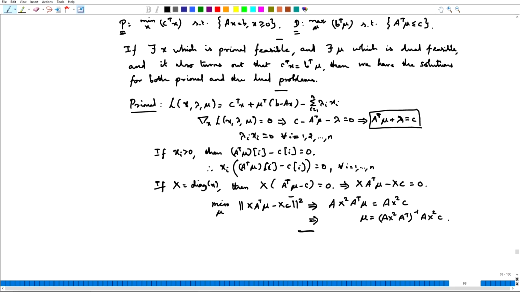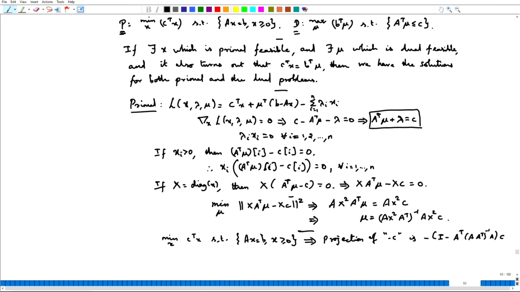So, note that if you consider this particular problem, min C transpose x subject to Ax equal to b, x greater than or equal to 0, the projection of minus C onto the null space of A is minus I minus A transpose (A A transpose) inverse A into C, right.